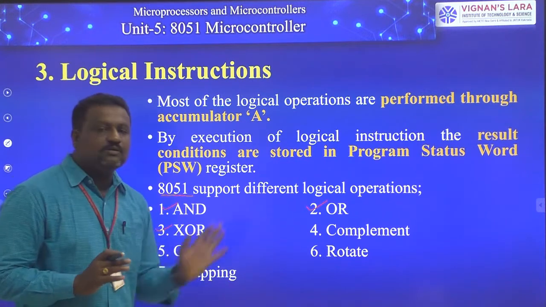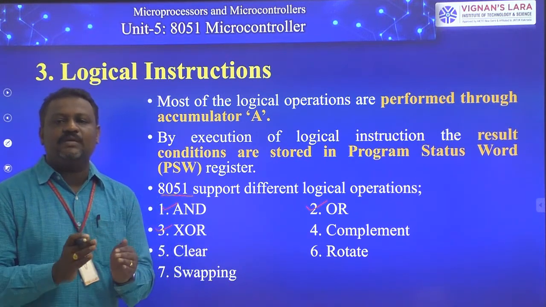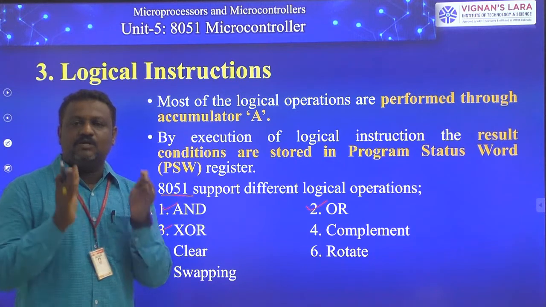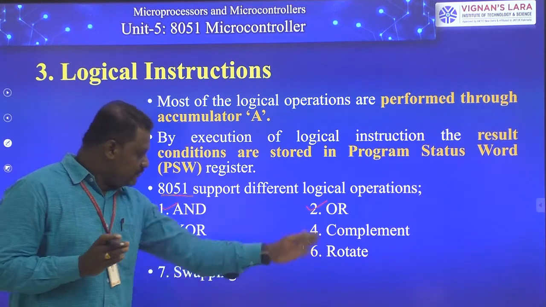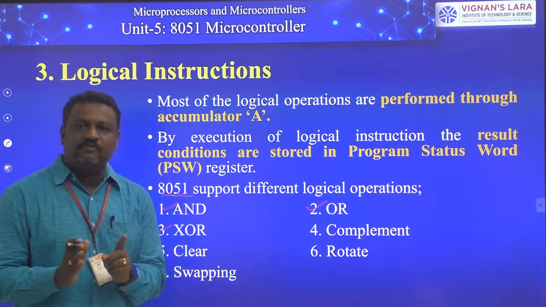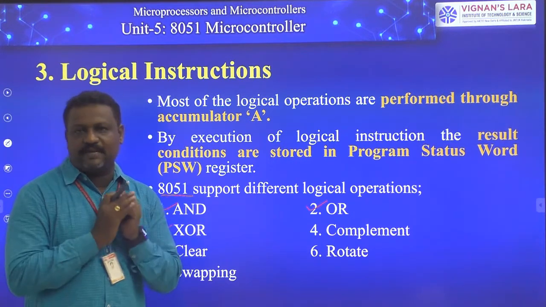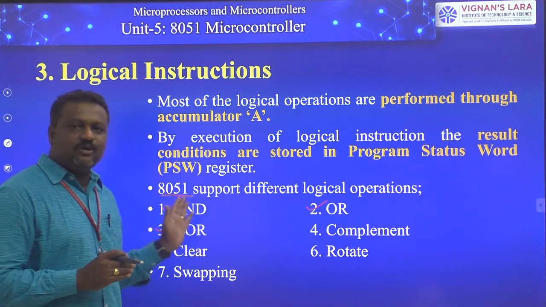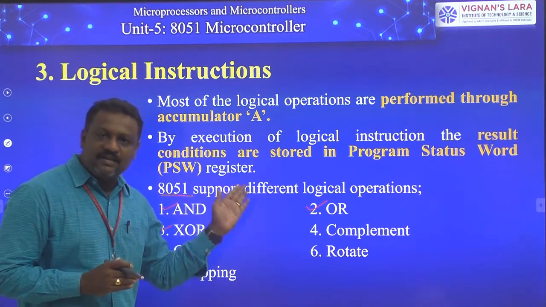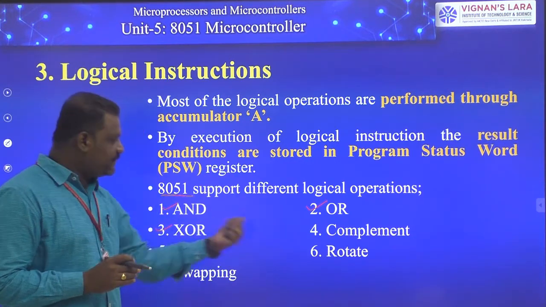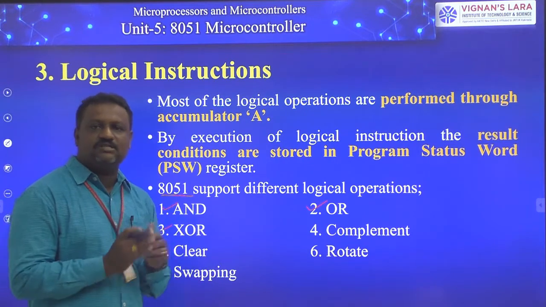The rest of the 4 we can call unary operations, meaning to do these operations you need only 1 operand or 1 data. Now, we'll see what instructions are there in the 8051 instruction set to perform these logical operations one by one.